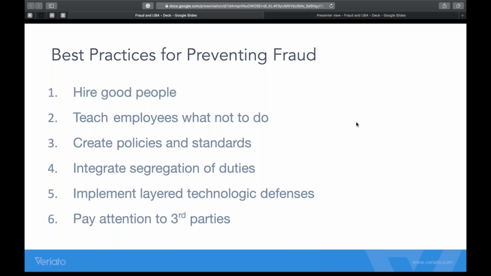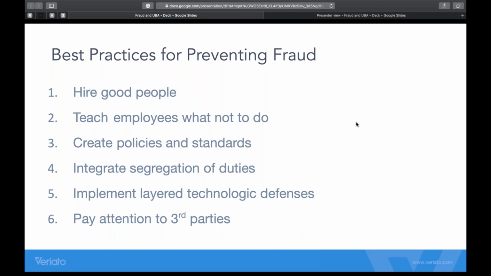So, I think you touched on quite a few of the important points. I mean, of course, hiring good people sounds basic. It sounds like common sense, but that's proven to be a challenge for some corporations, and so definitely something to keep in mind. Also, I mentioned before, I focus a lot on the human element when it comes to security, and sometimes teaching people what to do and what not to do makes all the difference. Because again, some of these threats are not always malicious in nature.